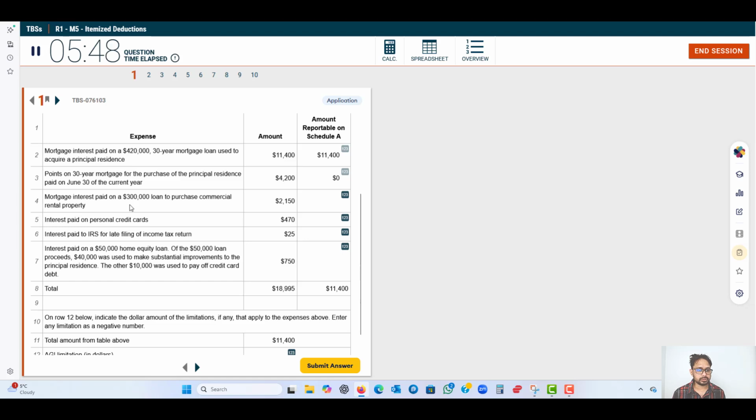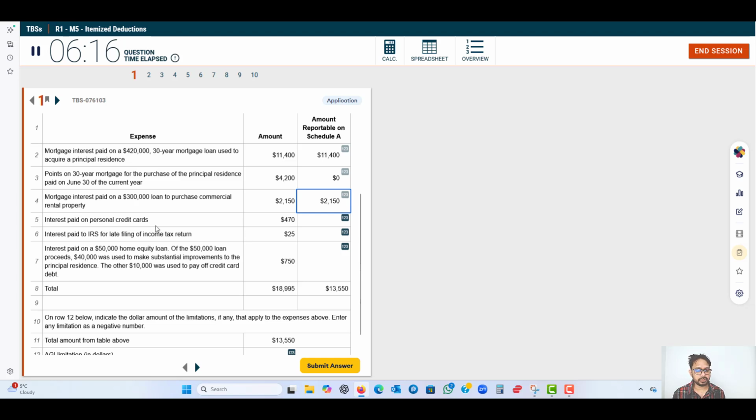Mortgage interest paid on 300,000 loan to purchase commercial rental property. Okay, if we purchase a commercial rental property and we paid interest, that is totally deductible on a Schedule A. Okay, so it is 2150. Interest paid on personal credit card.